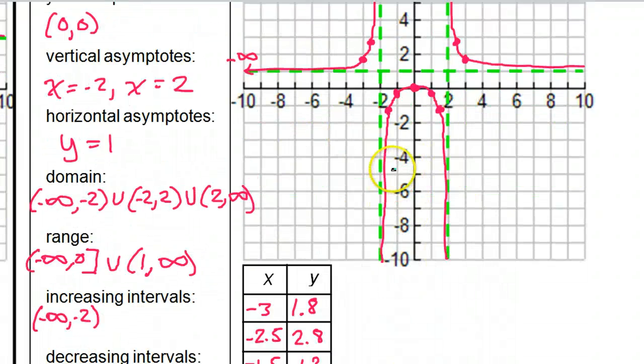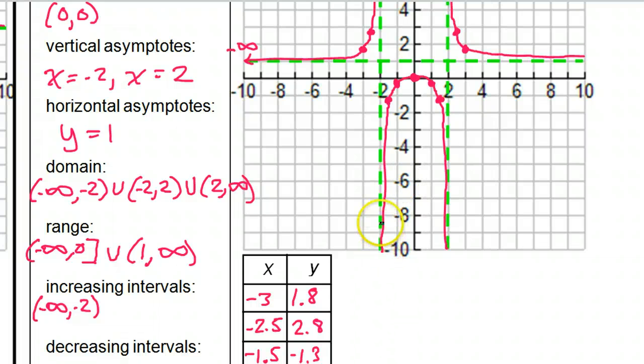Then, next we arrive at this part of the graph right here. So from here to here, it is increasing. You know, let me change colors here. So this part of the graph down here, don't say negative infinity because we're doing x values.